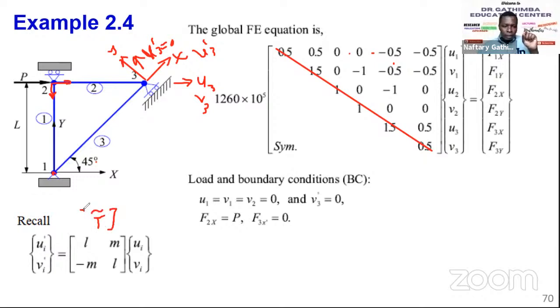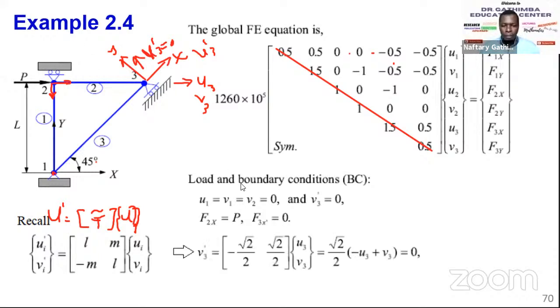So we can transform from the local coordinate system to the global coordinate system by pre-multiplying with the transformation matrix per node, which is cos, sine, minus sine, cos. So if you recall that, then it means we can transform the values that we have at node 3 to the global coordinate system in this manner.